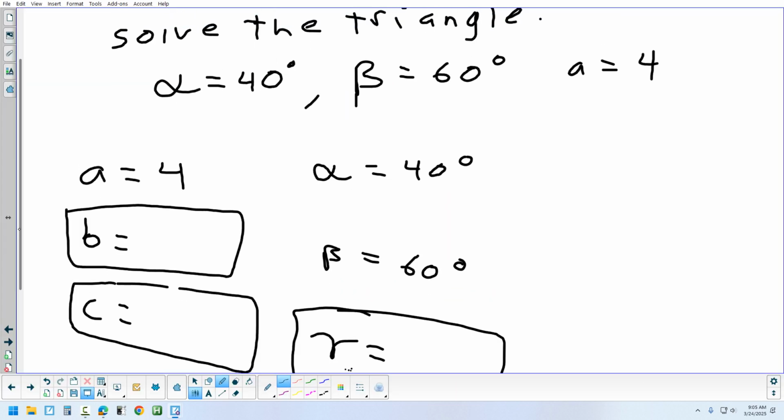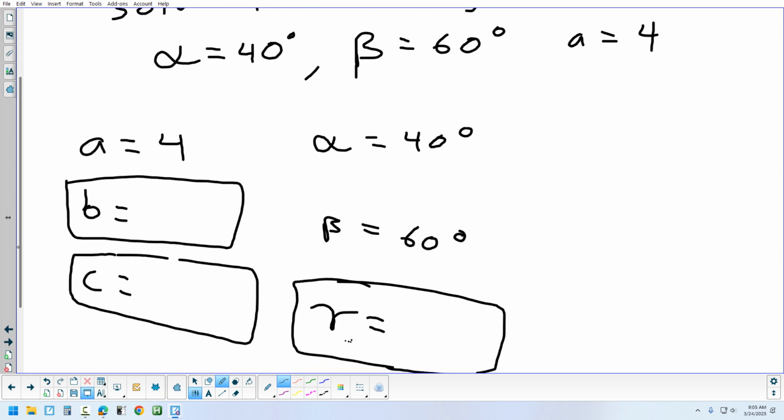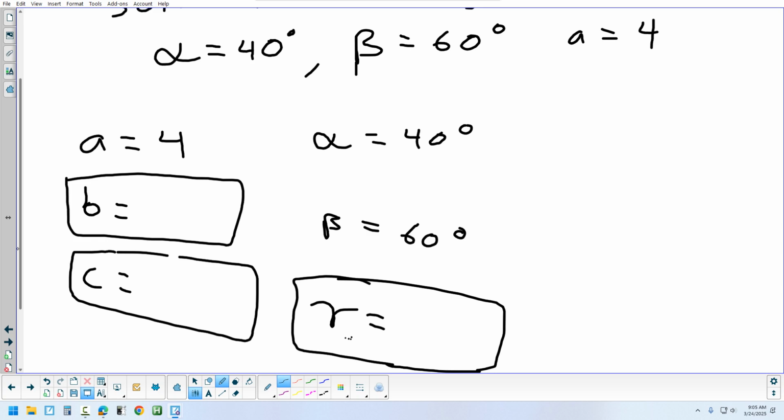All right, so they give us 3 pieces of information. Alpha is 40, beta is 60, and A is 4. First thing we'll do, let's make a sketch. Again, it's not to scale, it's just basically to tell us what's across from what.